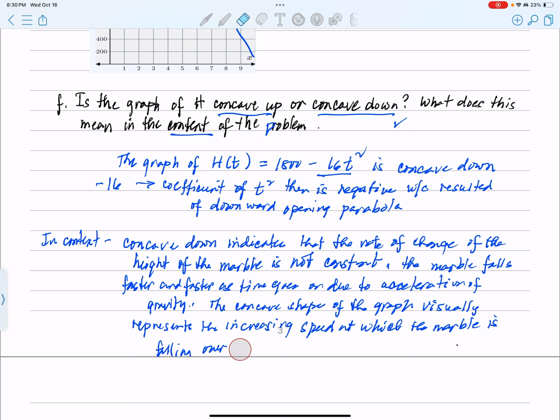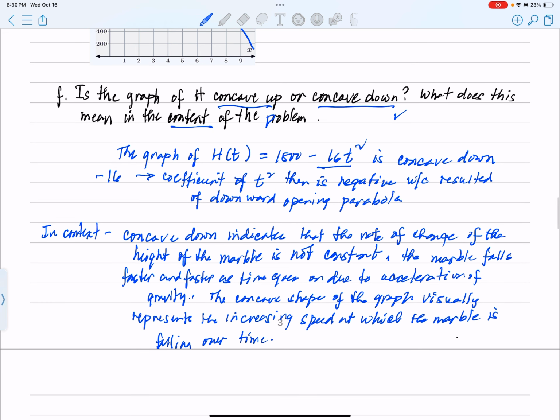You can write this if you are asked in terms of the context. So as I've said, start writing the words you can see in the problem. It says concave down. Start writing about what the concave down is talking about, or how it is related to the speed of the marble with respect to time.